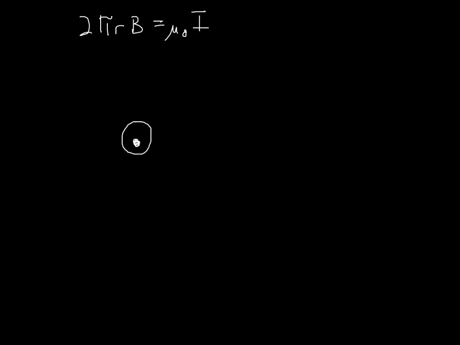So if I use the right-hand rule to figure out the direction of the magnetic field, here it goes to the left. Over here it's going down. Down here we're going to the right. And the right-hand rule will show us this. We'll see this in class. Magnetic field going up on the right-hand side.